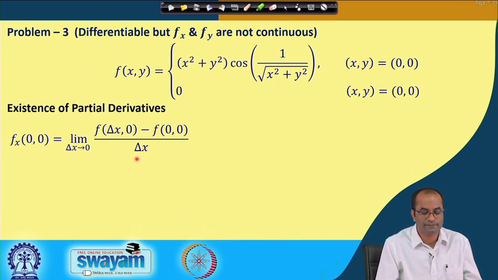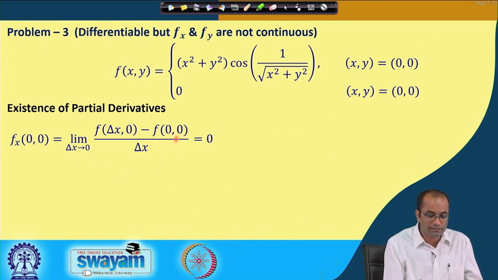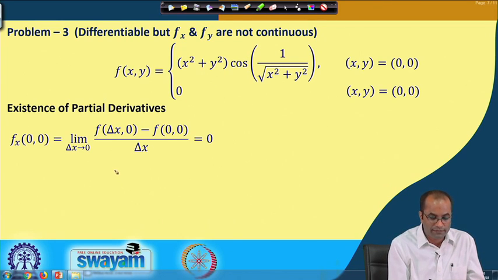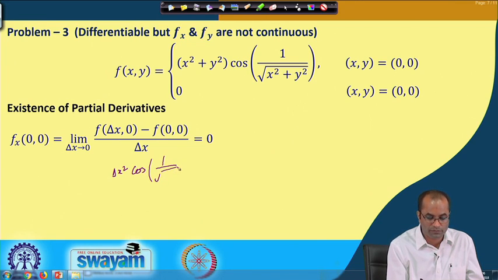over Δx, and in this case we can show that this is 0, because here f(Δx, 0), so this Δy is 0 and we have the Δx. So, we will get this Δx square, and then we will get here the cos term with 1 over square root Δx square, and divided by this Δx term here.